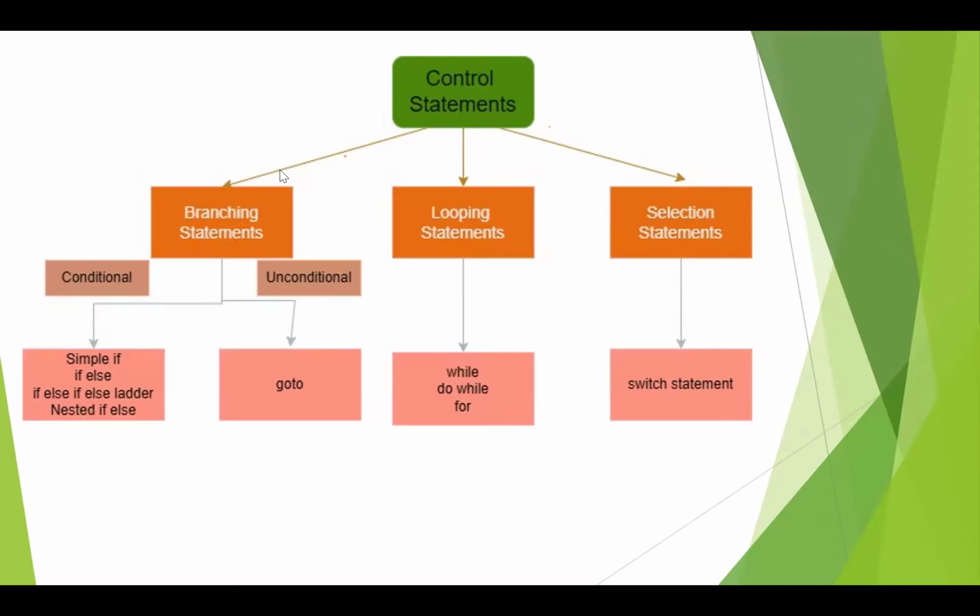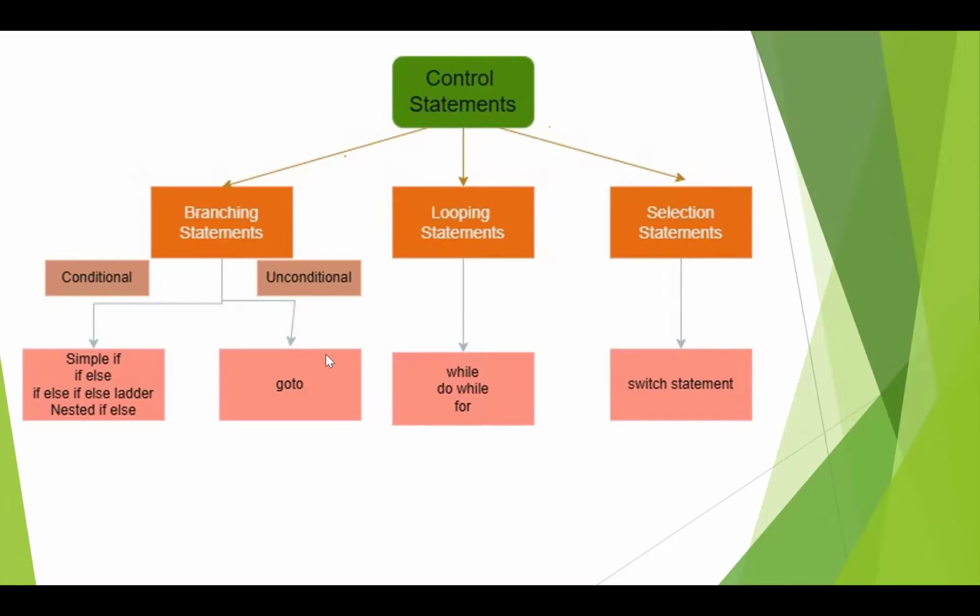See here, the control statements are divided into branching statements, looping statements, and selection statements. This branching is divided into conditional and unconditional. In conditional, we learn simple if, if else, else if ladder, and nested if else. In unconditional, we learn goto.